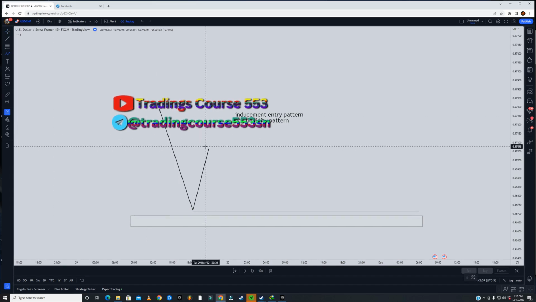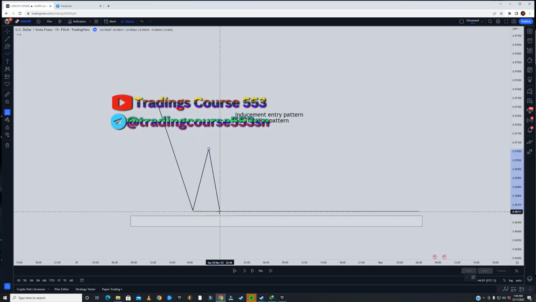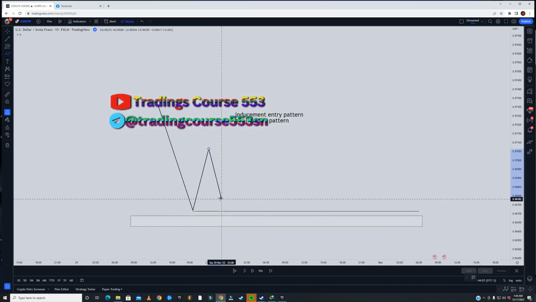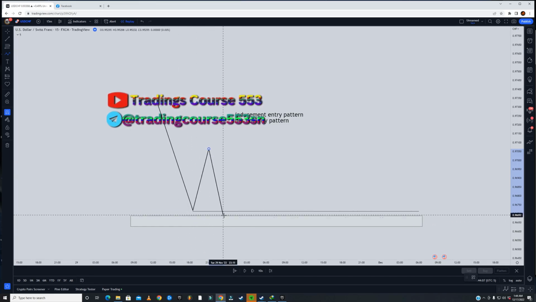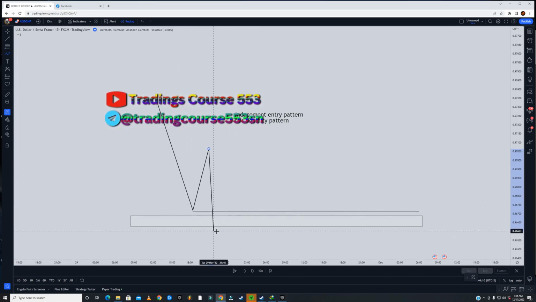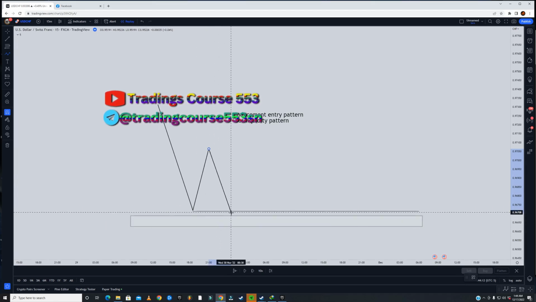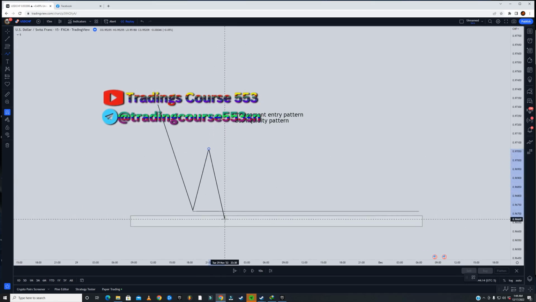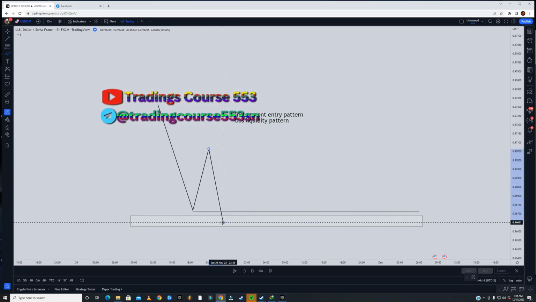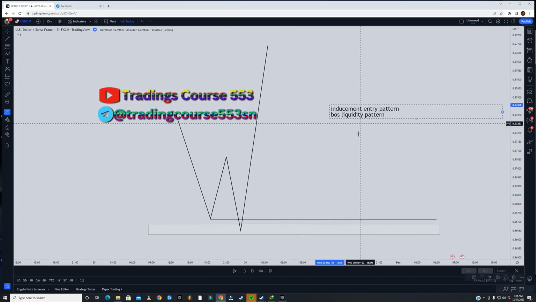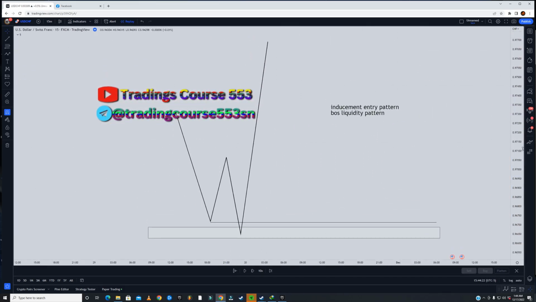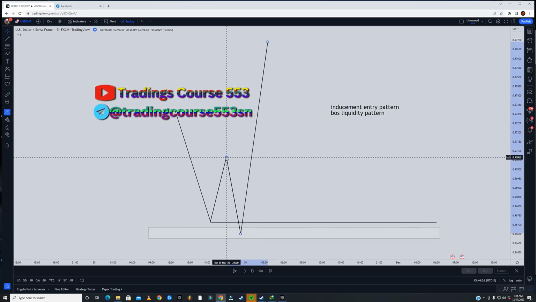Okay, so the people will have their stop losses below this level, and there will be breakout traders as well. We're going to take trades when this level breaks. So price comes back into the actual POI, and then it goes back up. So this is an inducement entry pattern that you can use with every single strategy, whether it's ABC or any other.